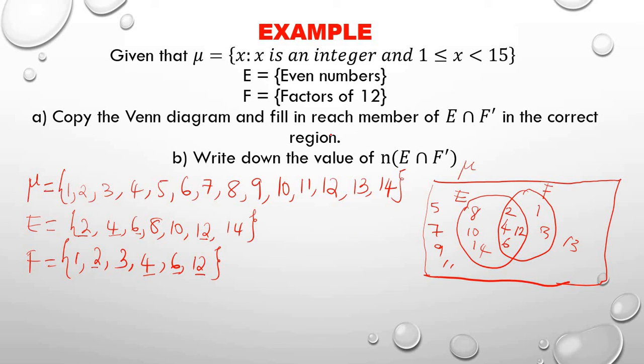Now let's find the members of E intersection F prime. First we reach out for our F prime.